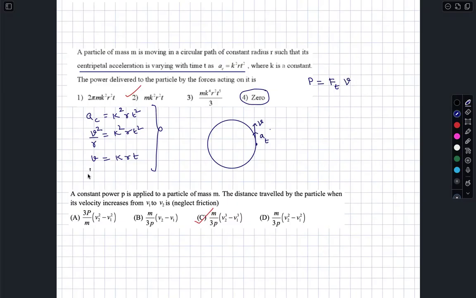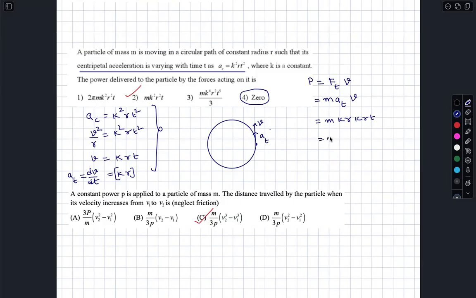So how do I know the tangential force? Simply, what causes the change in magnitude of the speed is the tangential acceleration. So what is the tangential force? m a_t into v. m a_t is m k r, and v is k r t.